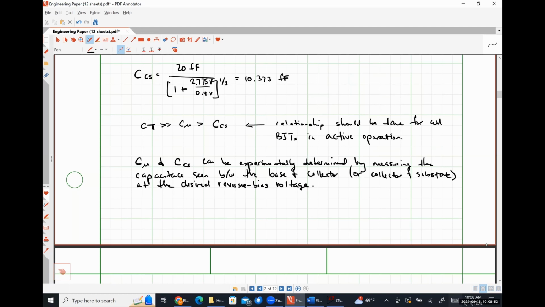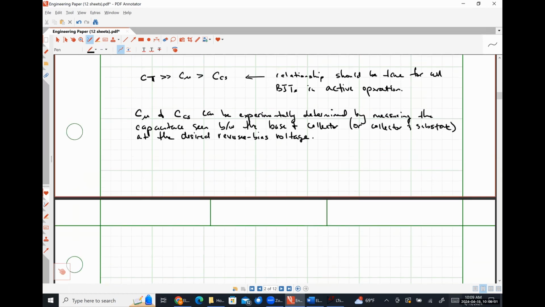Beta represents the common emitter short circuit current gain of a transistor, right? So we defined beta as the ratio of the collector current to the base current.